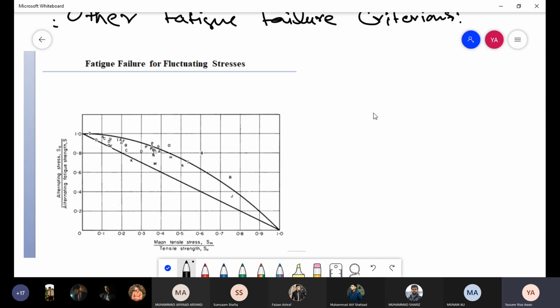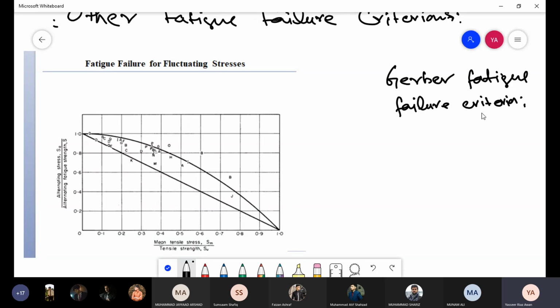So that is a failure criterion which passes right through the experimental data, and that is called the Gerber fatigue failure criterion, or Gerber parabola.